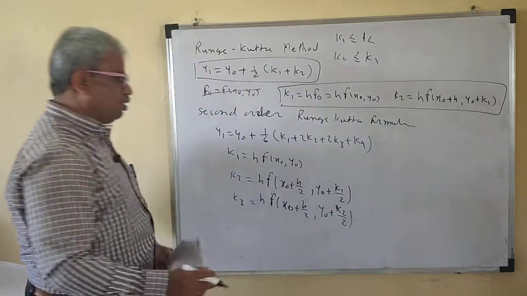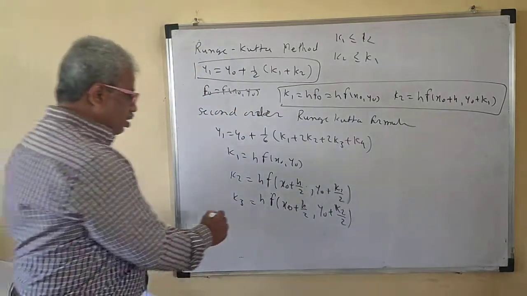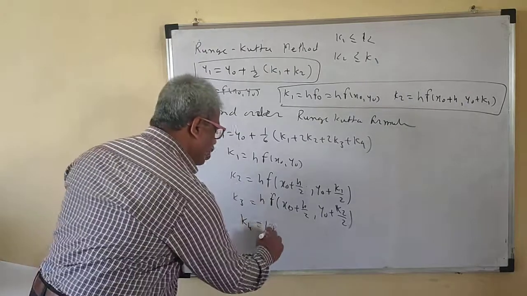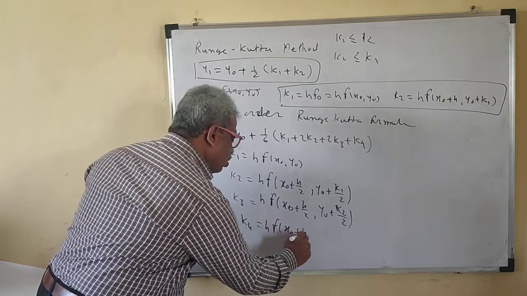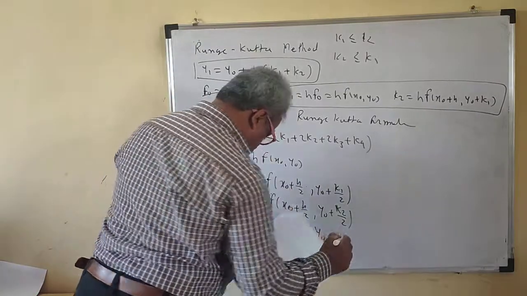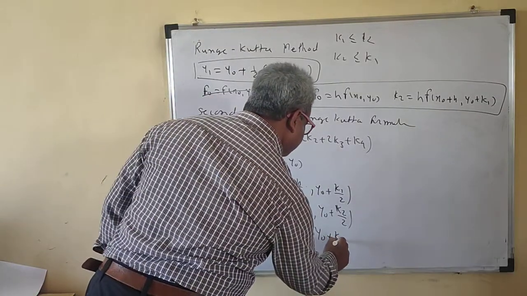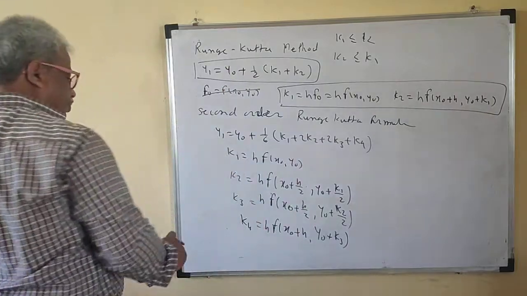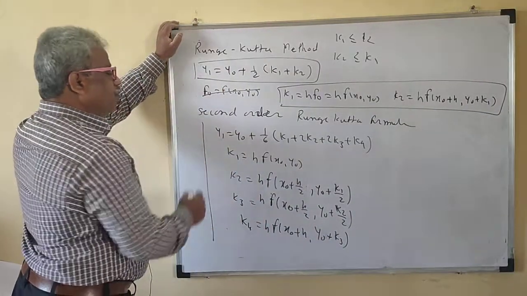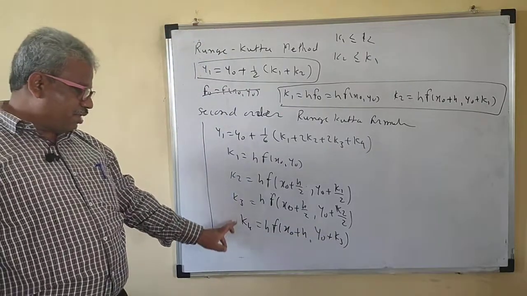Remember this formula. K3 is h f of x0 plus h by 2, y0 plus k2 by 2. Now k4 is h f of x0 plus h, y0 plus k3. So this is the formula, and these are k1, k2, k3, k4.